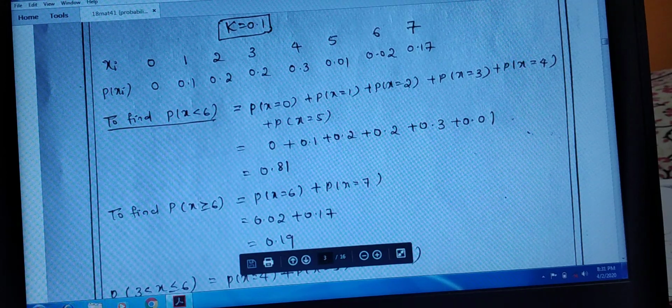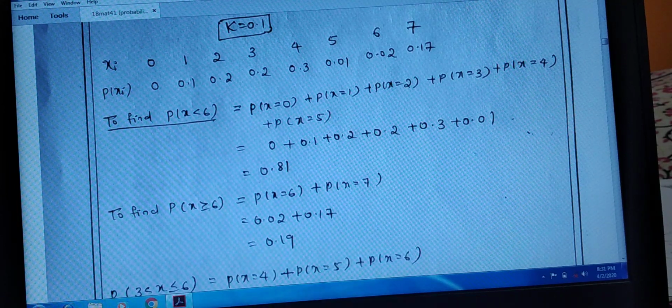Okay, next we have to find what is probability of x greater than or equal to 6. So here you can see the inequality, it's greater than or equal to 6. In the sense, you have to consider all the x values which are greater than 6, and since we have the equal to sign, you should include 6 also in this distribution.